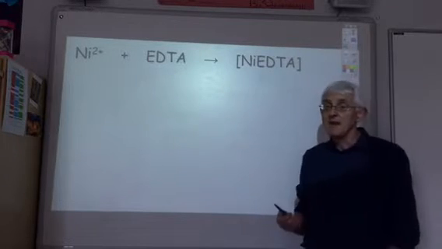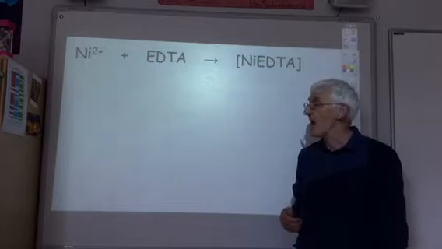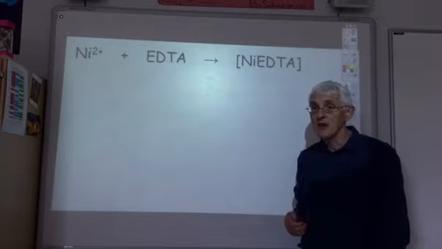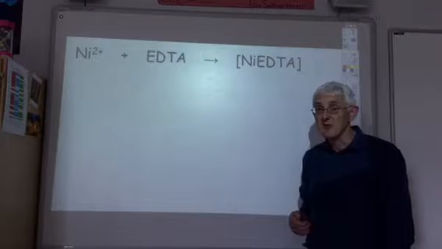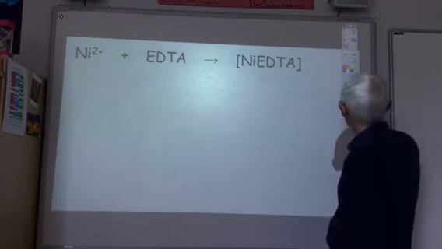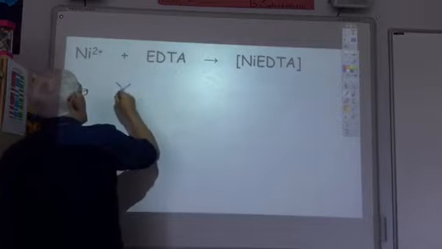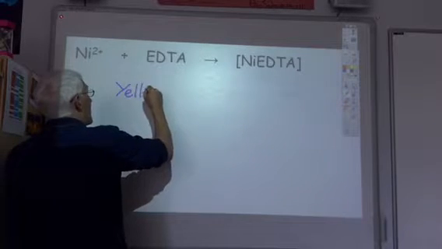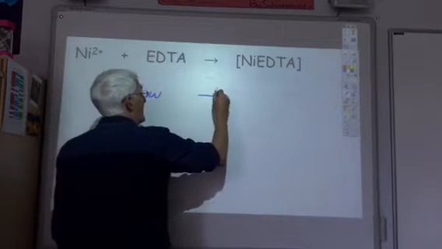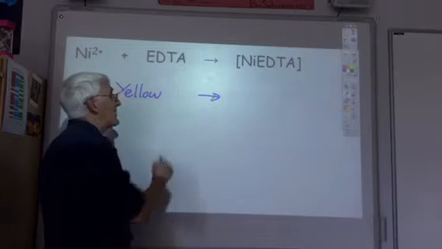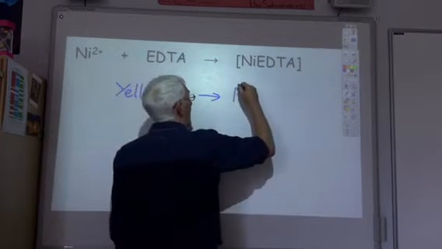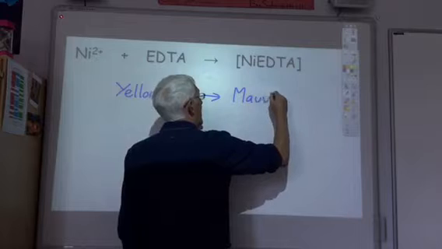We do need an indicator in order to identify the end point of the reaction. The indicator we're going to use is called murexide, and initially that will give us a yellow colour, but the end of the reaction will be identified by the change from yellow to a reddish mauve colour.